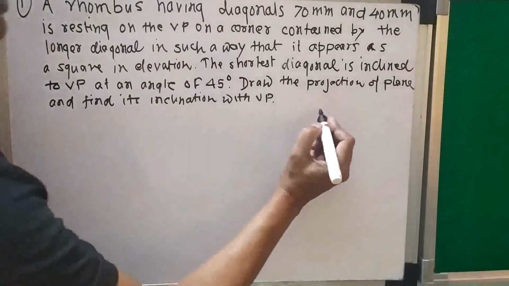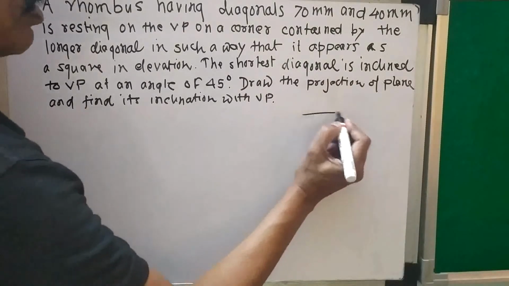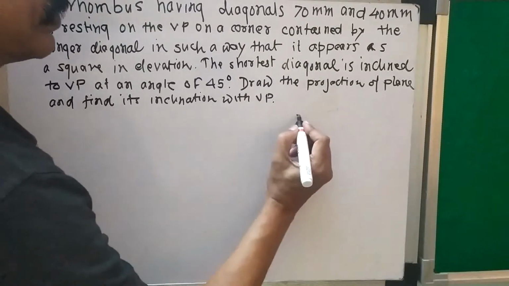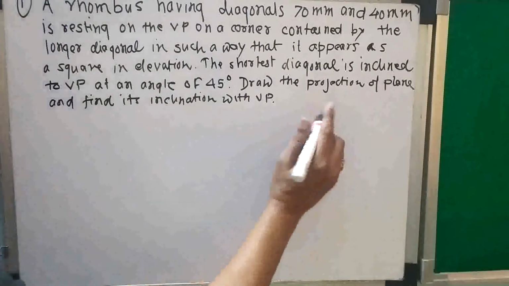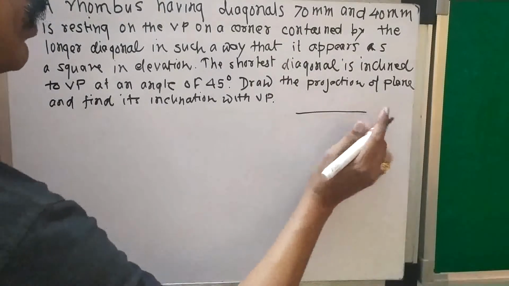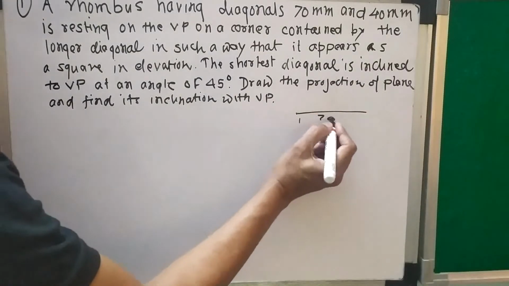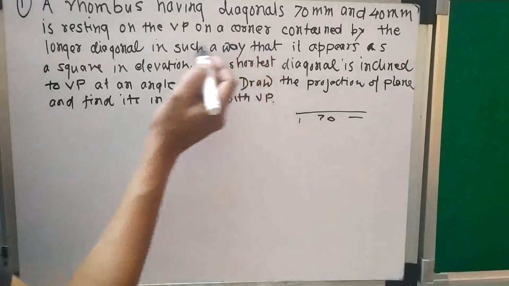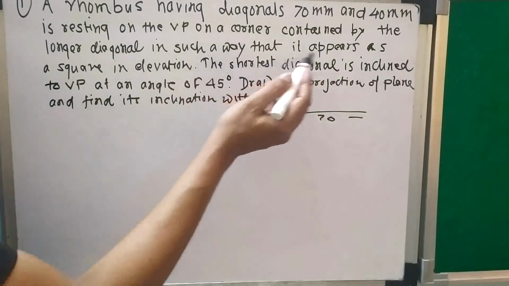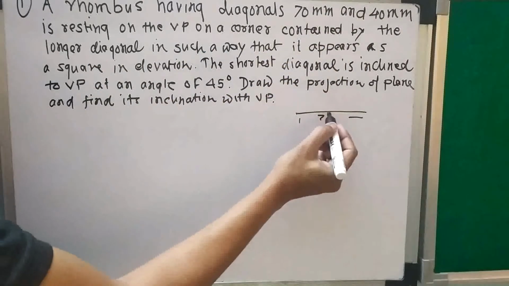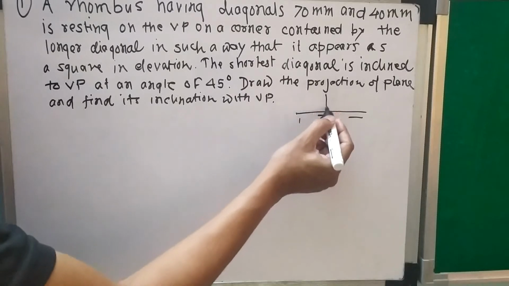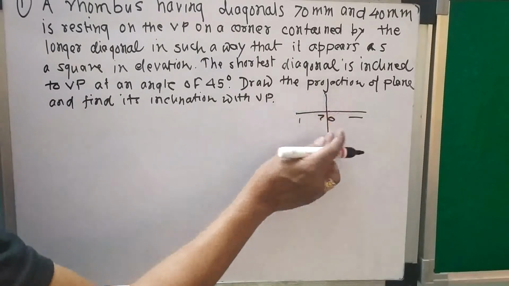So if this is the longer diagonal, this diagonal is of 70, and then the other diagonal is of 40. So this is the perpendicular bisector, the second diagonal.